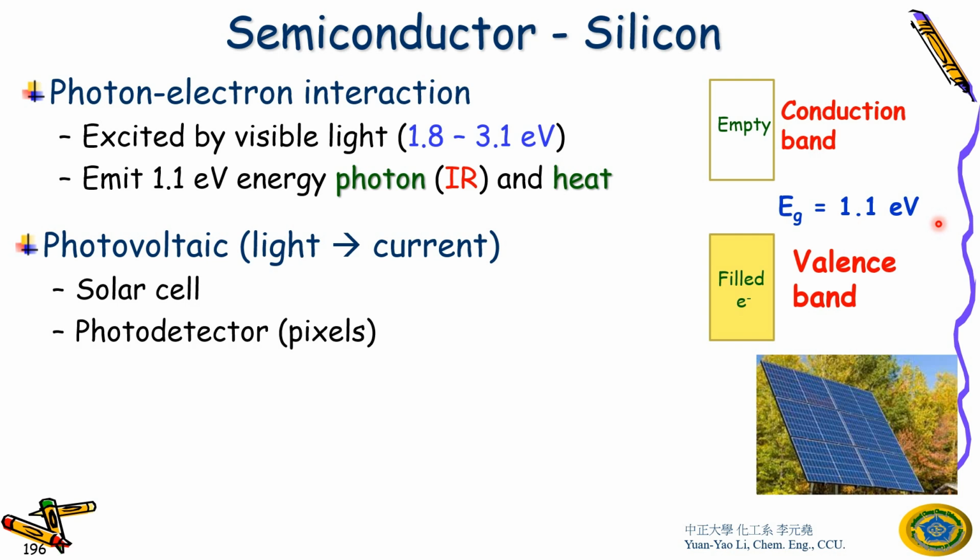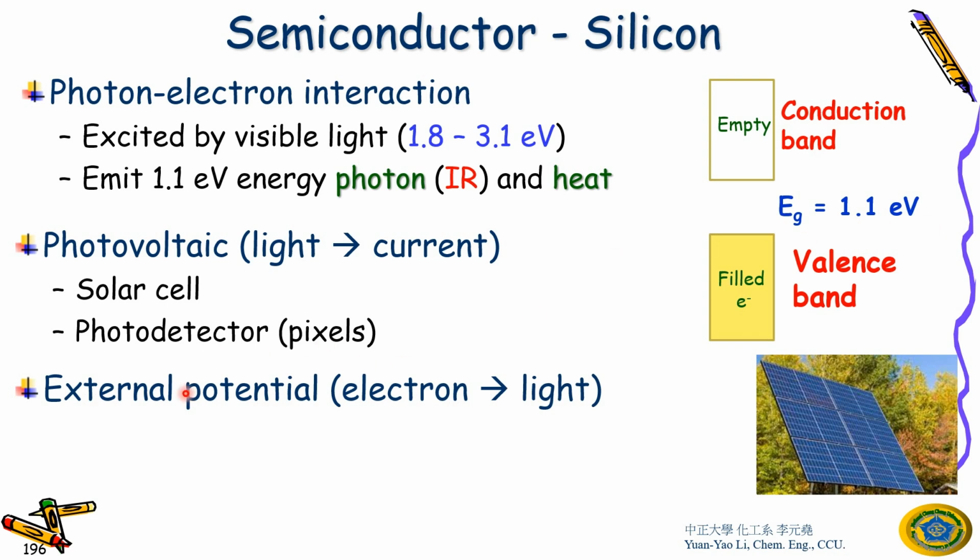But you know, in your camera you always have a photodetector. The light goes into your camera, or your iPhone or mobile phone, and there's a photodetector that can detect the light, grab it, and analyze the image to make a picture for you. So this is called a photodetector.